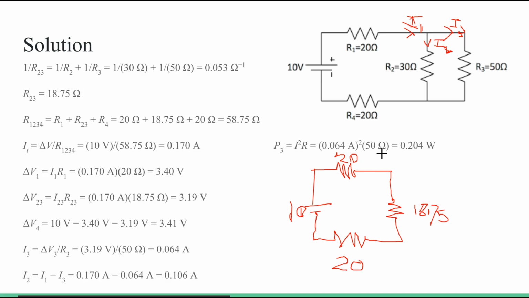It's a long problem, and sort of complicated, but it's not hard if you have a firm understanding of the loop rule and the junction rule. Because the voltage drop in Ohm's law is only the voltage drop across the component. So you have to find the voltage drop across each component in order to find the current through each component, which can enable you to find the power dissipated in each component.